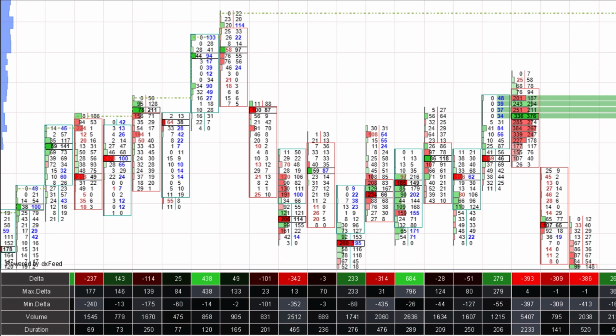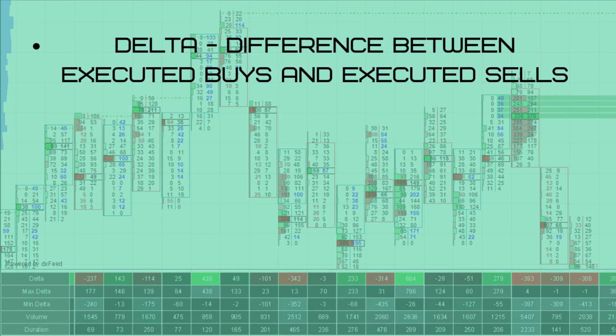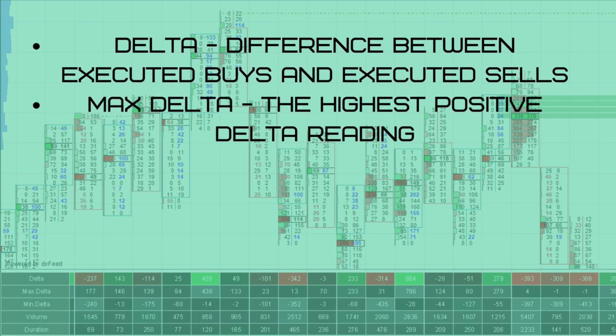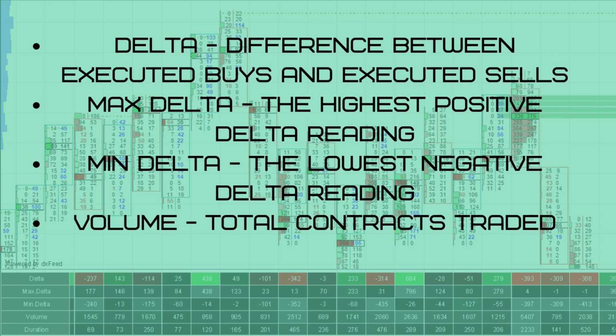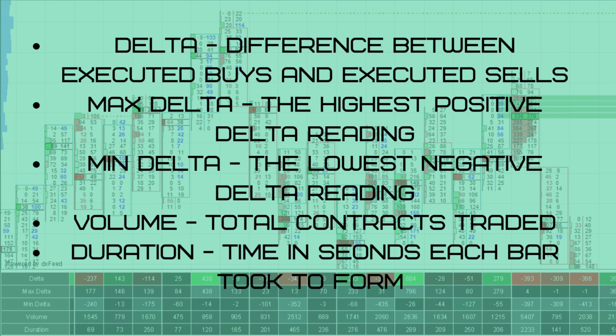For example, I personally use the following: the delta or vertical delta, showing the overall delta for that candle, the max delta, which shows the highest positive delta reading, the min delta, which shows the lowest negative delta reading, the volume, and commonly I look at the bar time, which here on ATAS shows me in seconds how long each bar took to form.